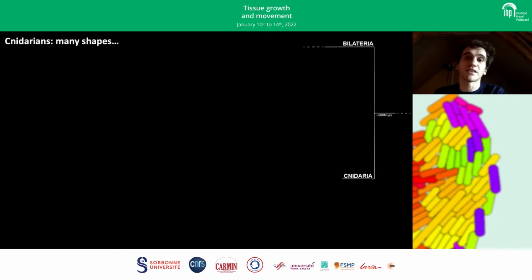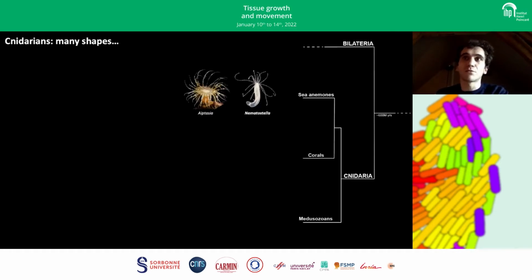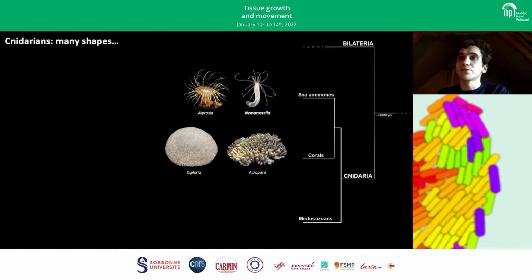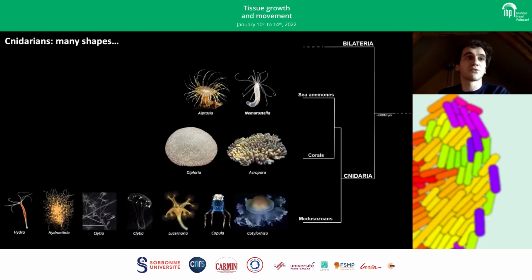So what are cnidarians? They comprise a large variety of animals, like sea anemones, corals, and another large group called medusozoans, which comprises in particular hydroids, like the famous Hydra, Hydractinia, Clytia, and also some jellyfish, as you can see on the bottom right of your screen.